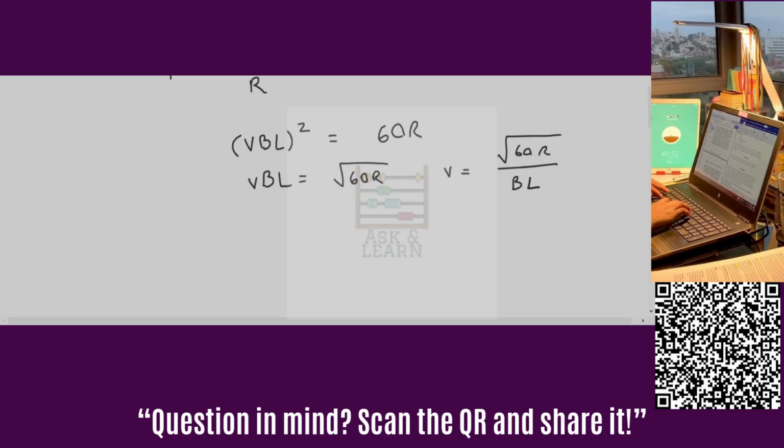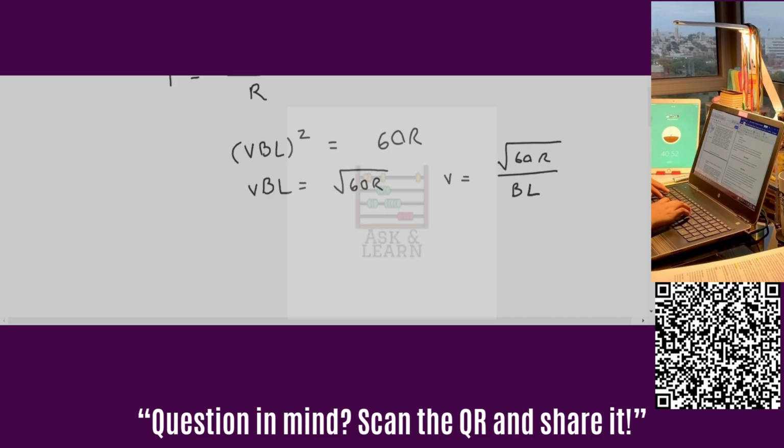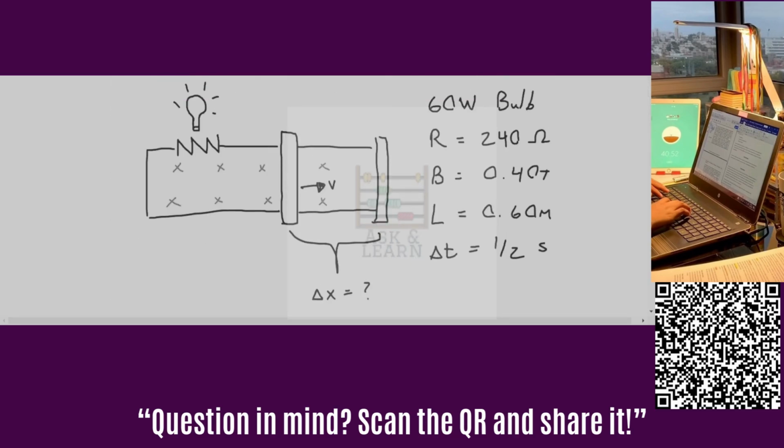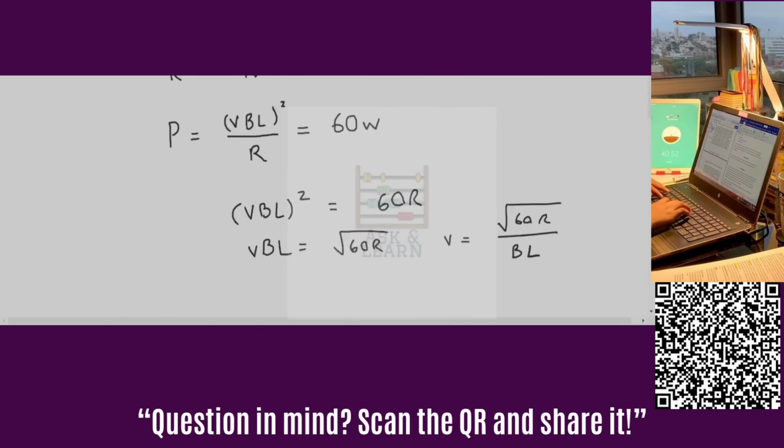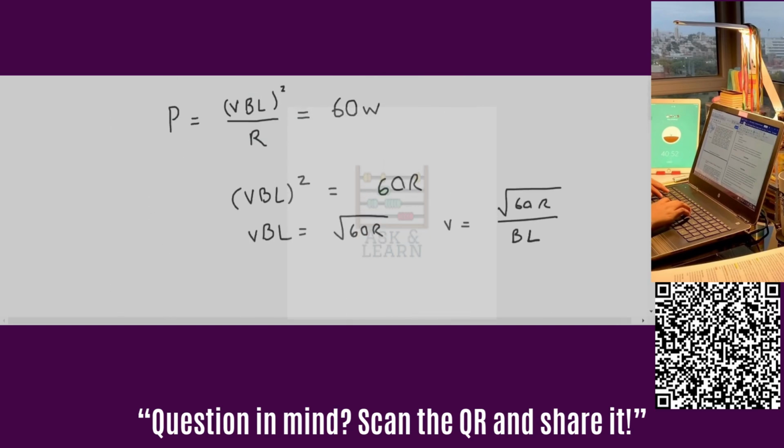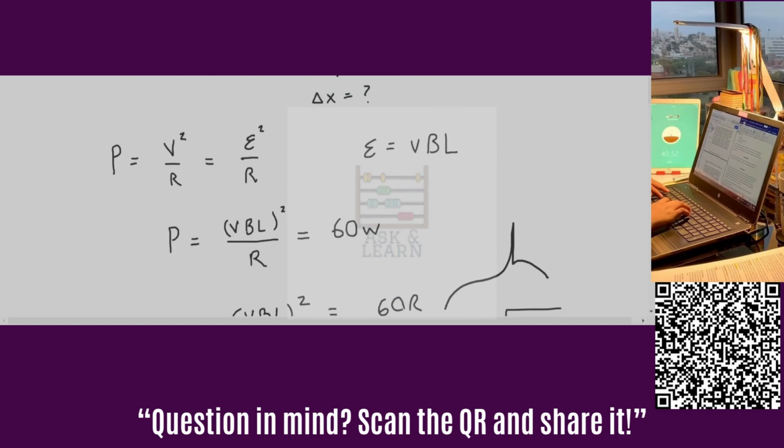So now that we have an expression for the velocity that we'll need to move at, we know that velocity and distance and time are all related to each other. And we specifically are interested in how far we'll have to move the bar. So we know what velocity we'll be moving it at, it's whatever number this comes out to. And we know how much time.